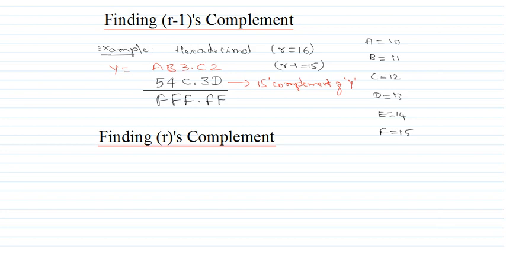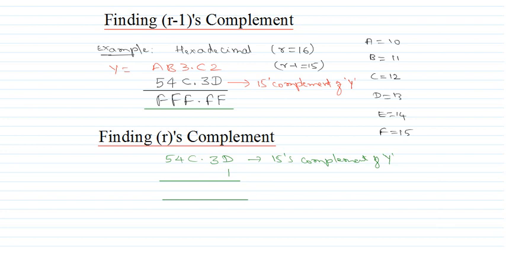Now moving ahead. So how to find this r's complement? The same procedure we will follow. Let us take the 15's complement number, which is 5, 4, C dot 3, D. So this is a 15's complement of Y. So for this, I will add 1 to the least significant bit such that I will get the 16's complement here.